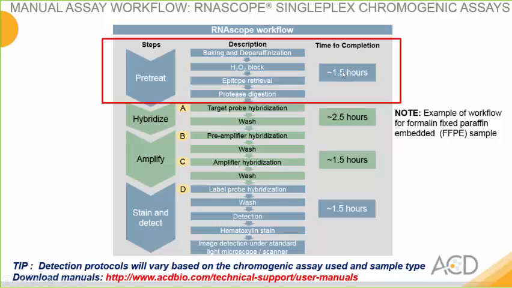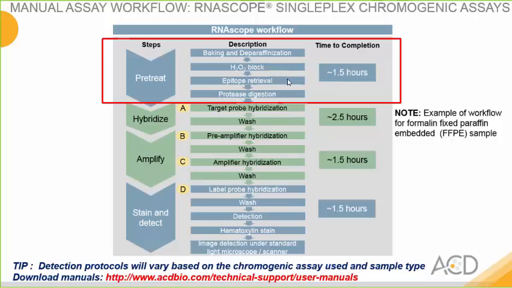The pretreatment reagents usually involve one or all of the following steps. H2O2 is to block endogenous peroxidase, and then target retrieval, or epitope retrieval. This is a boiling step for fixed frozen or FFPE tissue that had been fixed for a long period of time.